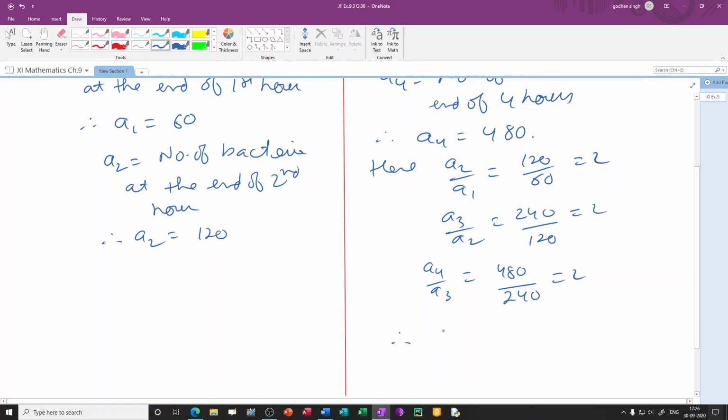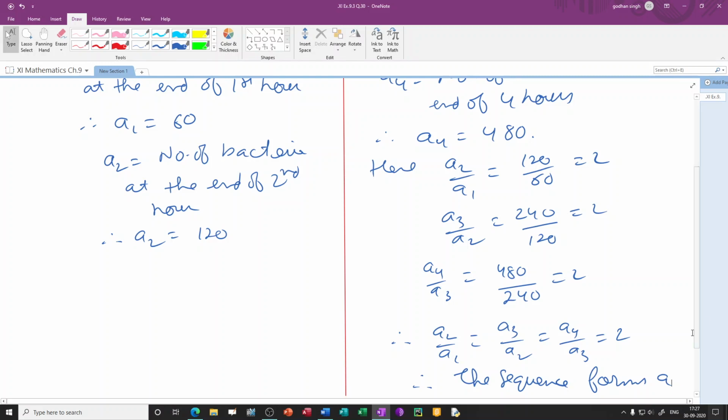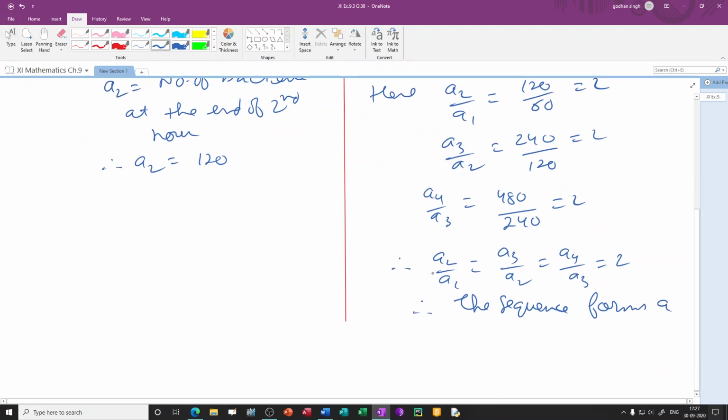Therefore A2 by A1 equals A3 by A2 equals A4 by A3 and so on, equal to 2. Therefore the sequence forms a GP with R equal to 2.